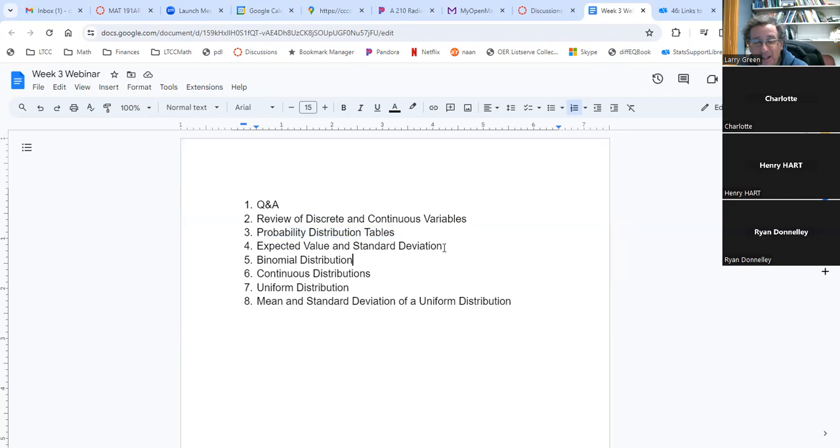And then we'll look at the expected value and the standard deviation given scenarios when you have a probability distribution table for a discrete distribution. Then we'll look at something called the binomial distribution, which is, again, about probabilities, but very different than last week. Then we'll look at continuous distributions. And then we'll get into the uniform distribution. So finally, we'll look at the mean and the standard deviation when you have a uniform distribution.